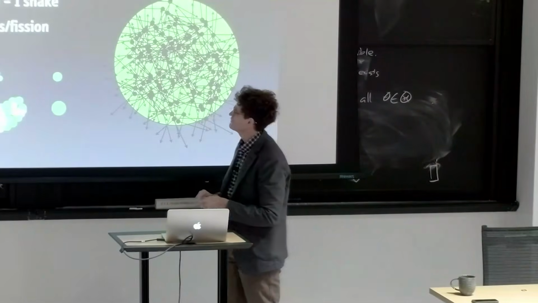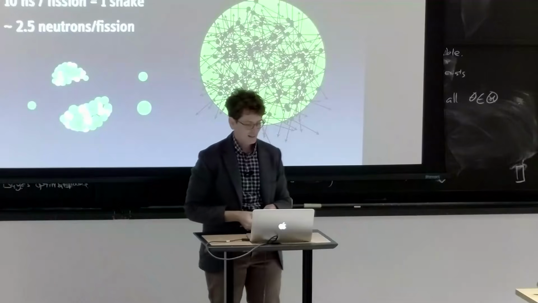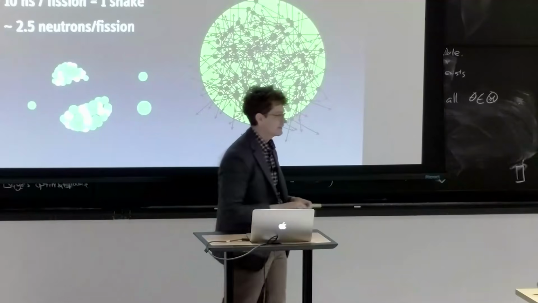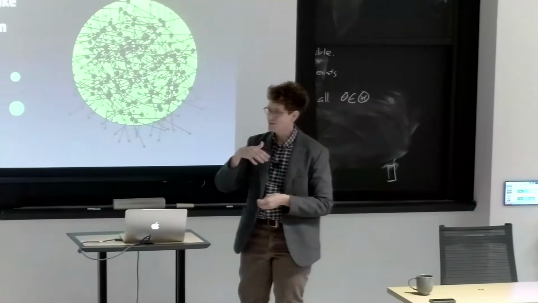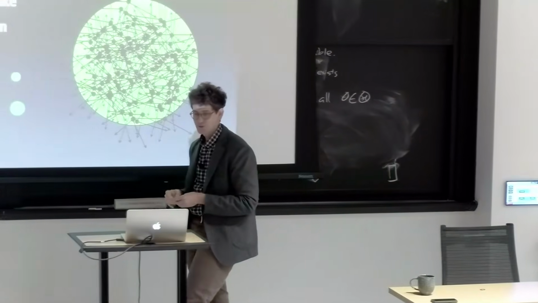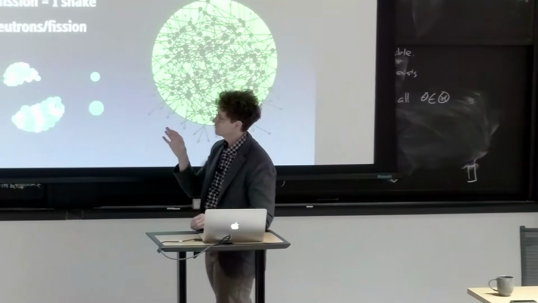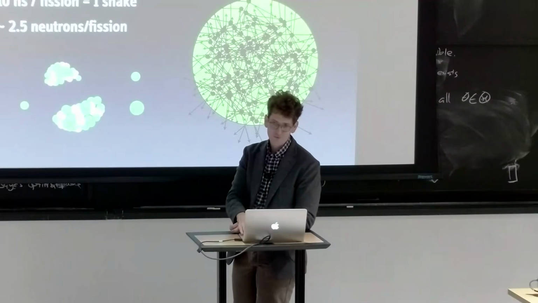All right, so we have one shake, which is 10 to the minus 8 seconds, or 10 nanoseconds, is the time in between. And you can say, well, how long does it take to get to say 10 to the 14 fissions, like a rate of 10 to the 14 happening simultaneously, which is what you would need.